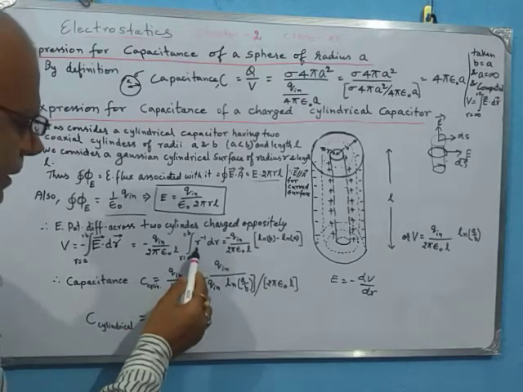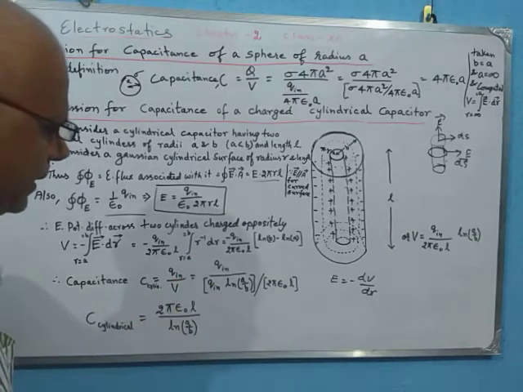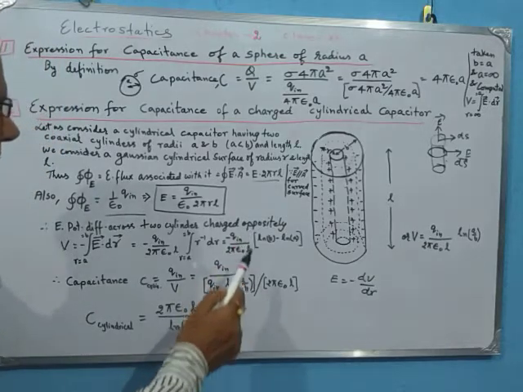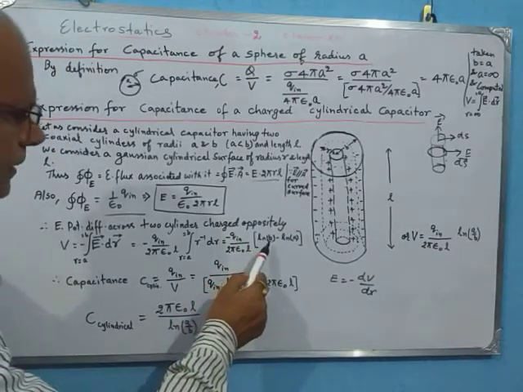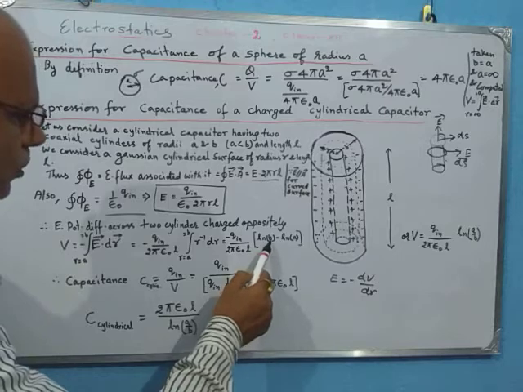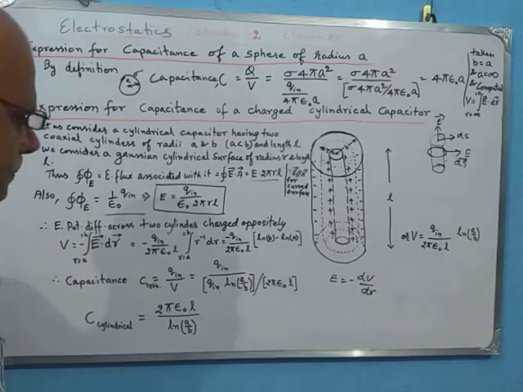In the integral we have r to the power minus 1 dr, and that becomes log to the base e, so log b minus log a.